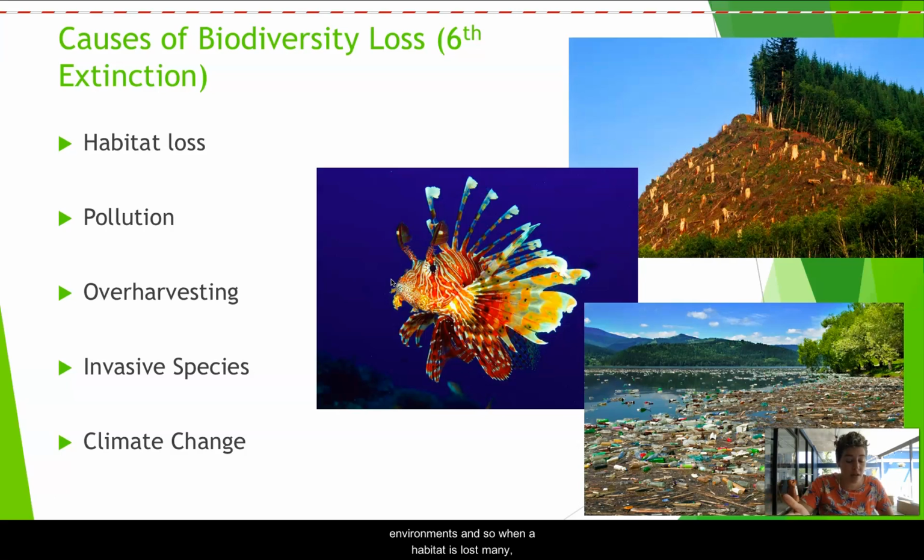And so when a habitat is lost, many, especially of the specialist species, are not able to move and adapt to new places. Habitat can be lost when we destroy it outright or when we fragment it. And habitat fragmentation is essentially when some sort of human activity like farming or logging cuts a larger habitat into smaller pieces, and the species aren't able to move back and forth between them. This can mean that species that have a really large range have their range truncated and aren't able to hunt in the way that they used to, for instance.